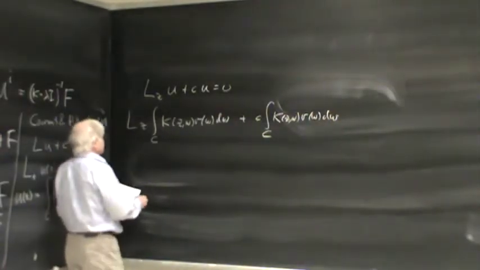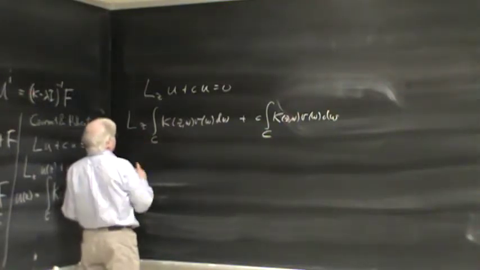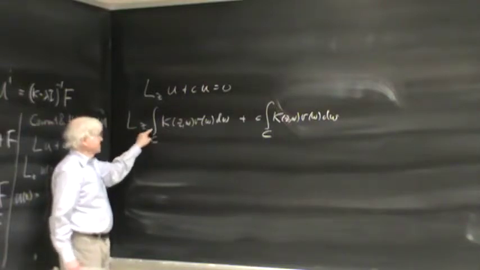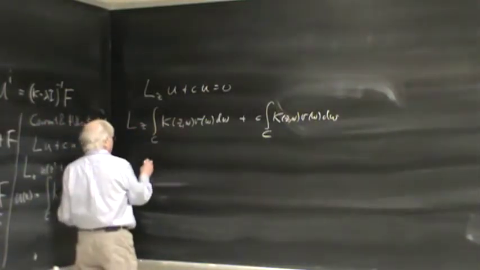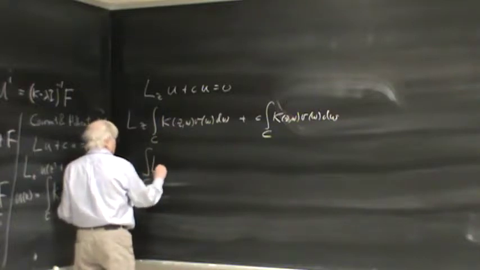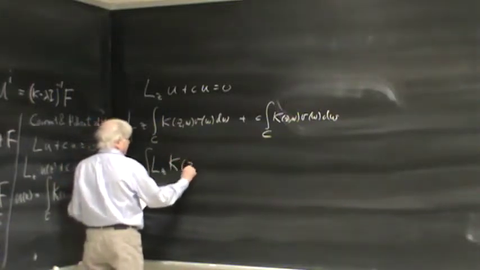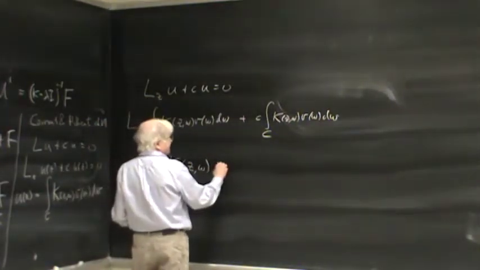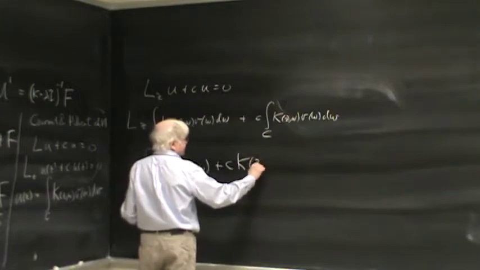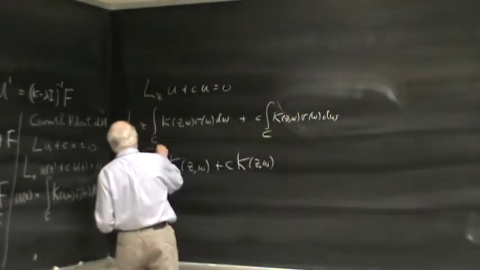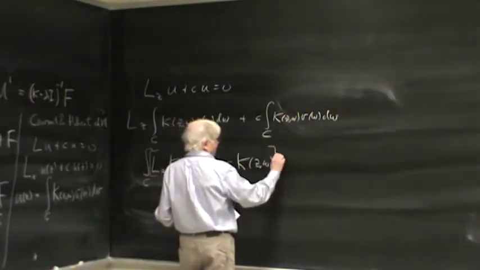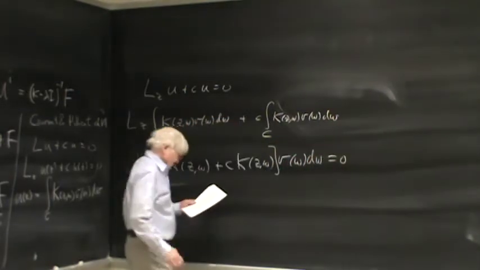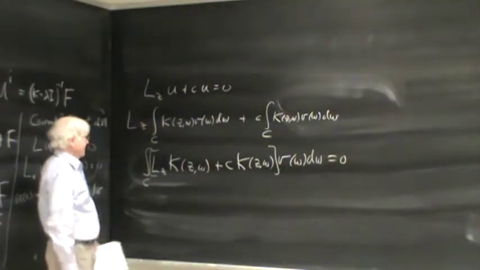Putting this together, assuming that the contour doesn't explicitly depend upon Z, the derivatives just act on K. And we have the contour integral of L sub Z acting on K of Z and W, times V of W, plus C K of Z and W, V of W, dW, supposed to be 0. So that's what we want to solve.